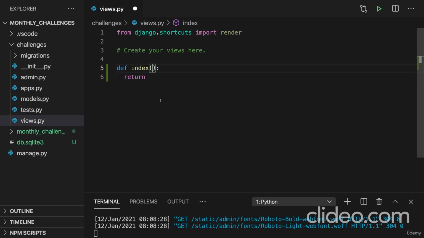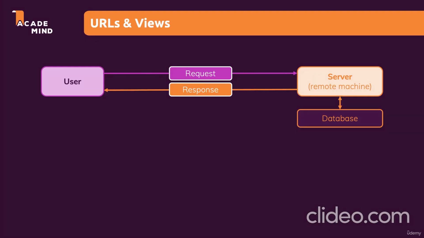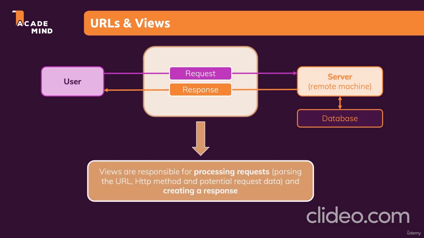Therefore, here we want to accept a request and we want to return a response, because that's this cycle which we have between our client, the user visiting our site, and our server. We exchange requests and responses. And it's the job of the views to process those requests, to maybe reach out to a database if we want to do that.